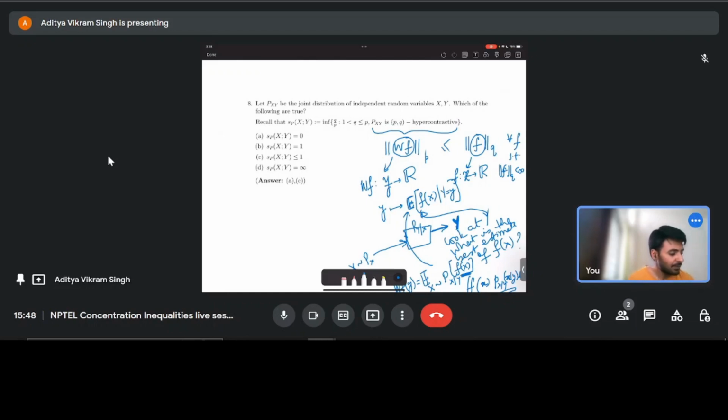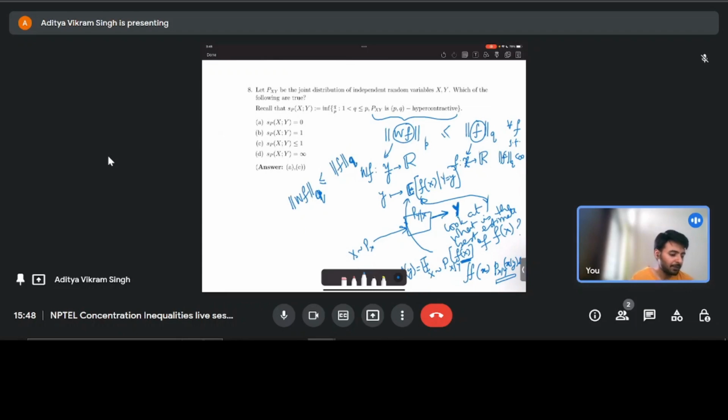And hypercontractivity is this: Wf is smooth, and so what always happens is the qth norm of Wf will always be less than or equal to the qth norm of f. But what hypercontractivity says is that you have the pth norm, where p is more than or equal to q.